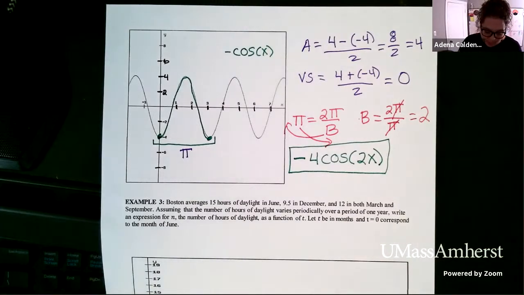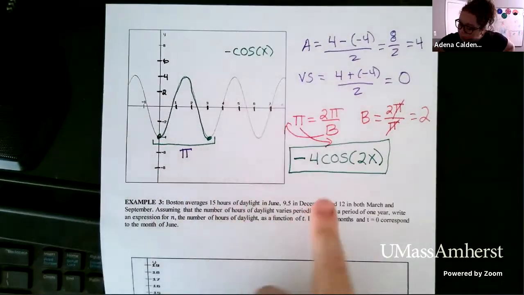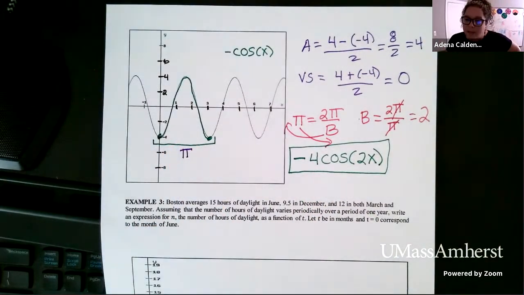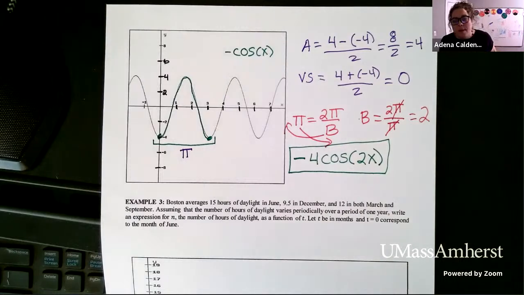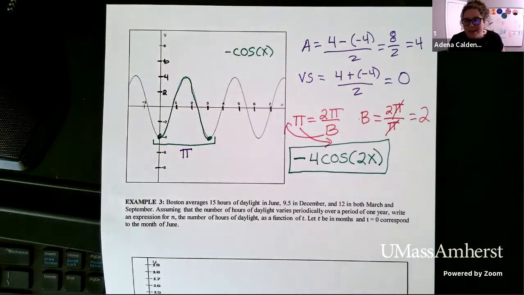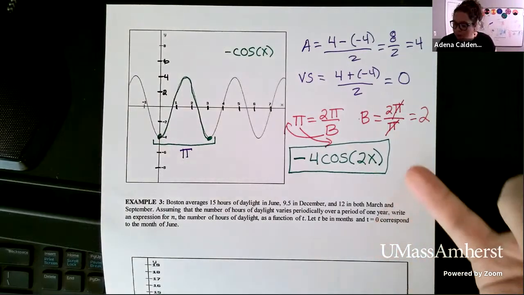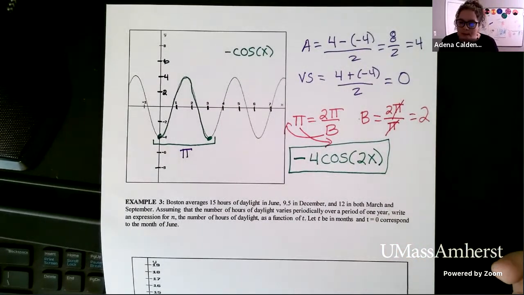And again, if I wasn't 100% confident in my solution, I would graph -4 cosine 2x and make sure it looks like this. And then I would know that I had figured that out correctly. Okay. So that's, I would say, 70% of what we do: we're looking at pictures of graphs and trying to determine how to write it in a cosine or sine form.